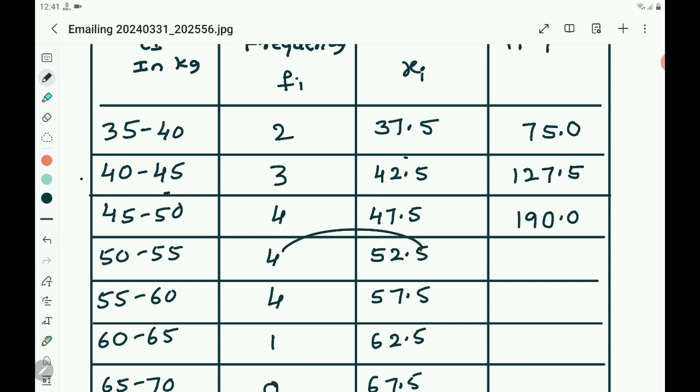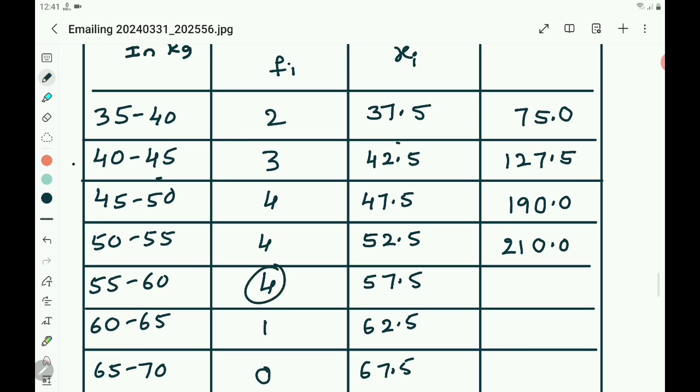Then 52.5 into 4. 5 4s are 20. 2 carry. 4 2s are 8 plus 2, 10. 1 carry. 5 4s are 20 plus 1, 21.